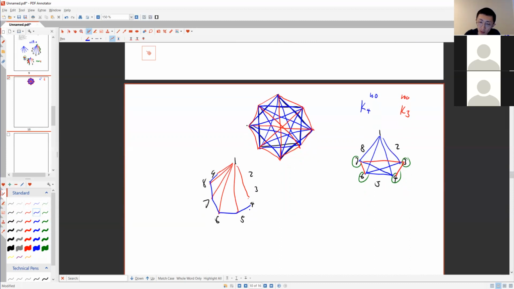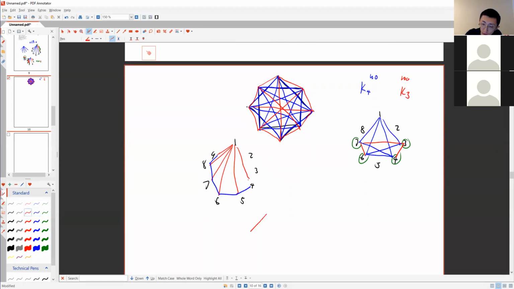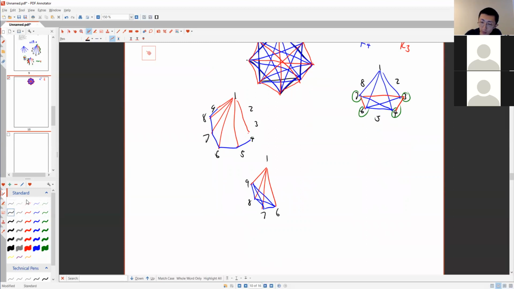Okay, I think I'm mixing. We only need 4 of these, right? So let's say there's 4 neighbors of 1 that are red. Then if none of these are red, then they all have to be blue, and then we have a blue K4. So we're done. So that's if we have 4 or more reds coming out of 1. But if I have only 3 reds coming out of 1, then there's 5 that are blue coming out of 1, right?